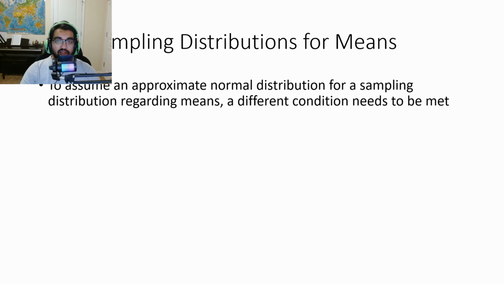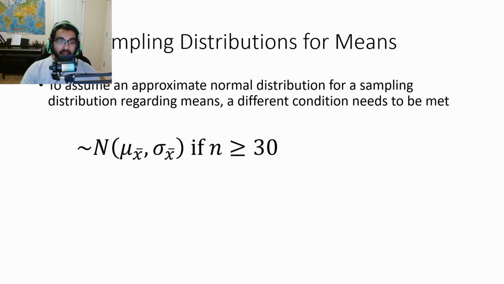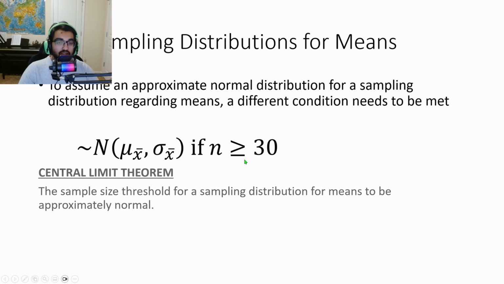And sampling distributions for means normality condition. To assume an approximately normal distribution for a sampling distribution regarding mean, a different condition needs to be met. This is not the large counts condition. You have an approximately normal sampling distribution with mu sub x bar and sigma sub x bar if your sample size n is greater than or equal to 30.